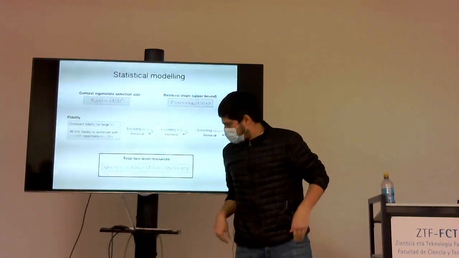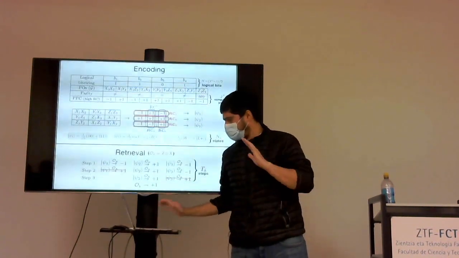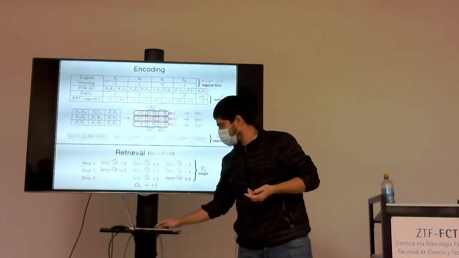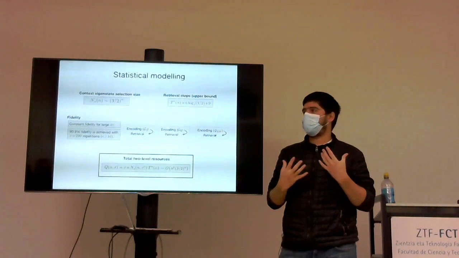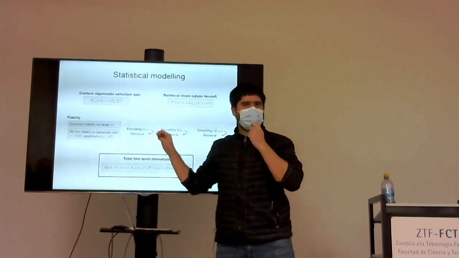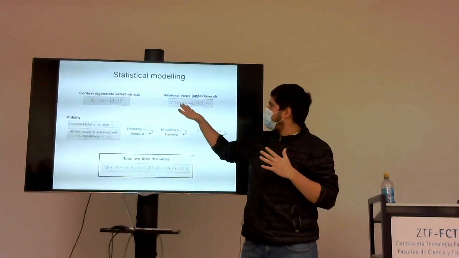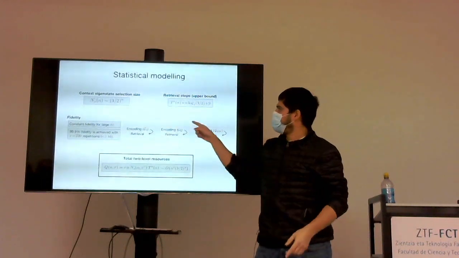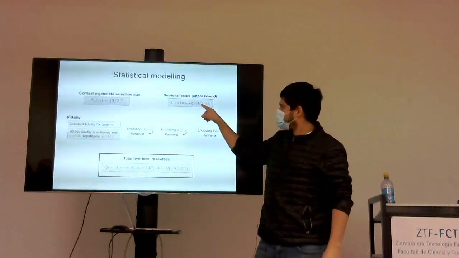Okay, so I'm skipping a mathematically hard part. Using all of this information, we built some statistical models to find out how many context eigenstates are needed, how many are needed to be selected, how many retrieval steps are required, which I already told you is of the order of log 2 of this, as you can see.